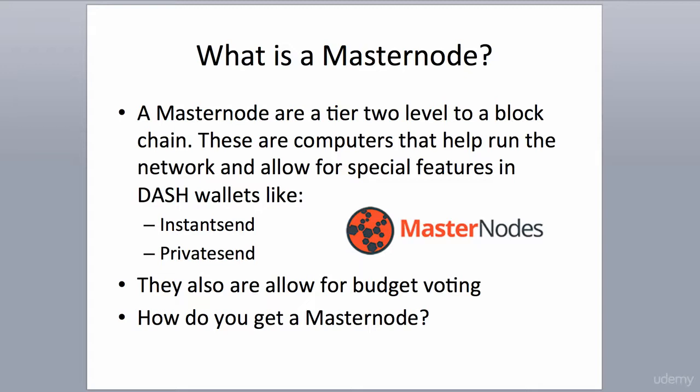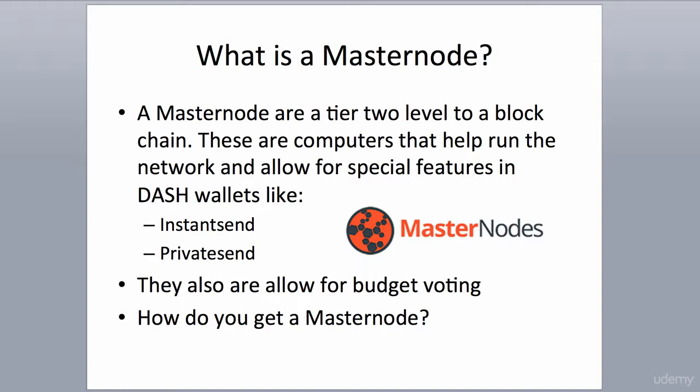But another thing to think about is, well, how do you get this masternode? Well, you need to have 1,000 Dash as collateral. It just shows that you believe in the network.